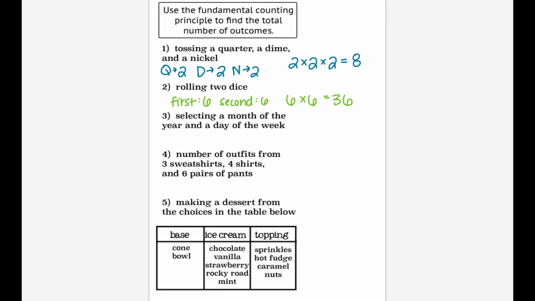All right, what about selecting a month of the year and a day of the week? Well, for each month, there are 12 months in a year, so you have 12 options for a month. And then for a day of the week, there are 7 days in a week, so 12 times 7 is 84. So you have 84 possible outcomes or different combinations of a month and a day.